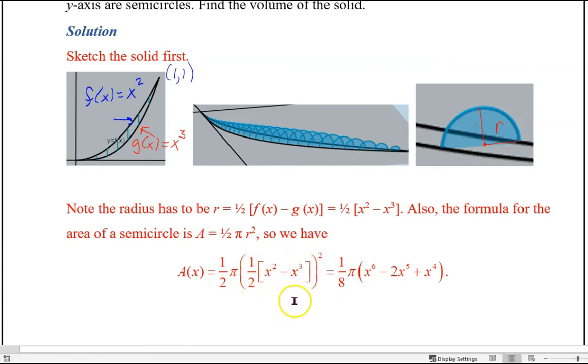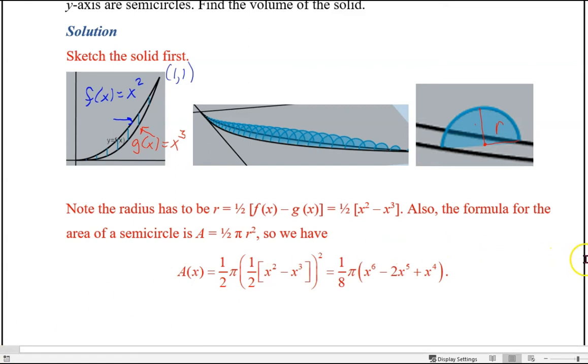If you work out the algebra, you should come up with 1/8 pi times the quantity x to the 6th minus 2x to the 5th plus x to the 4th. Pause the video and confirm that that is the correct formula for the area of the cross section.